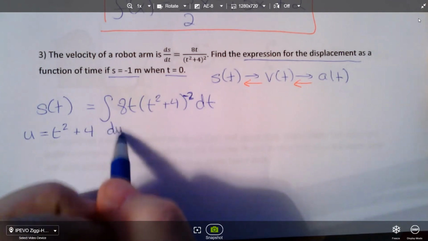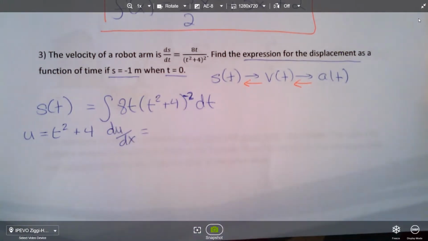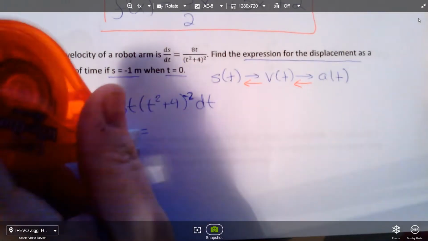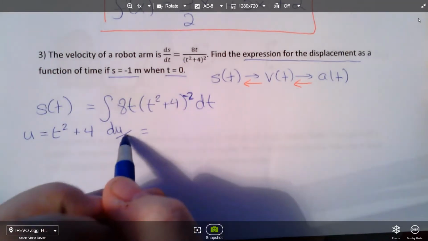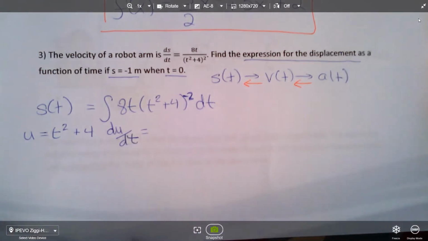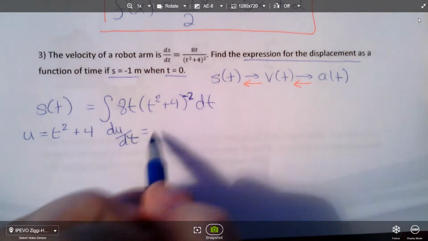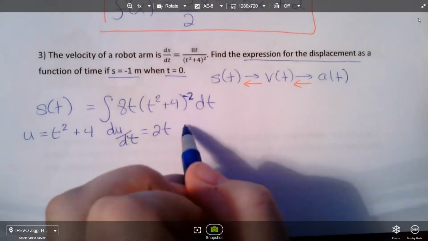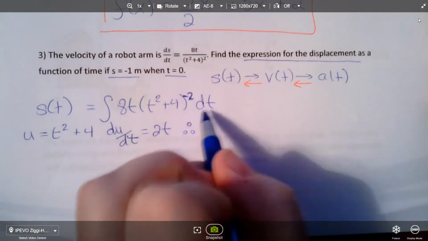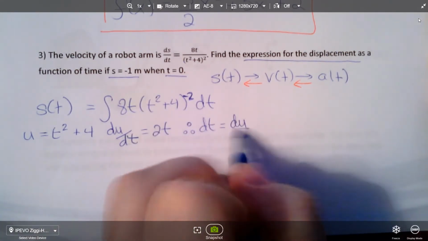I know du/dx is going to be, I should not use dx. The problem is sometimes you get in the habit of using x's so much you forget when you're not. So this is actually du/dt, and the reason this is dt is because I've got t's here. So that equals 2t, okay? Which means when I go to sub in dt, I need to make sure I put in du over 2t.